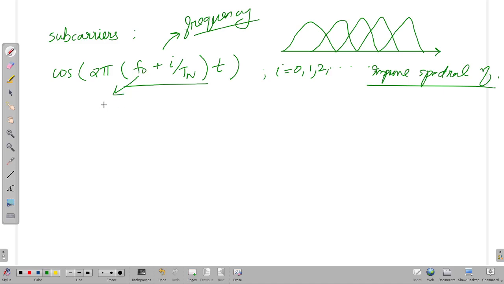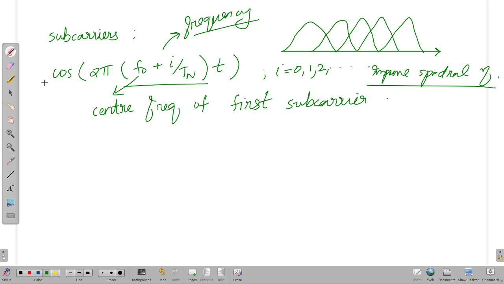F naught is the center frequency of the first subcarrier.